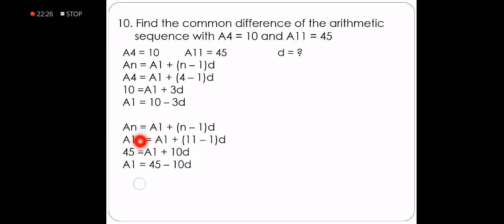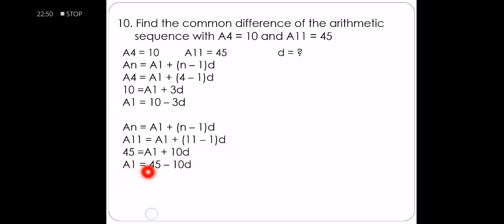Next, a sub n equals a sub 1 plus the quantity n minus 1 times d. So, since a sub 11 naman, we are going to use a sub 11 equals a sub 1 plus the quantity 11, kasi yung n natin, minus 1 times d. 45 yung value ng a sub 11 natin equals a sub 1 plus 11 minus 1 is 10 times d is 10d.